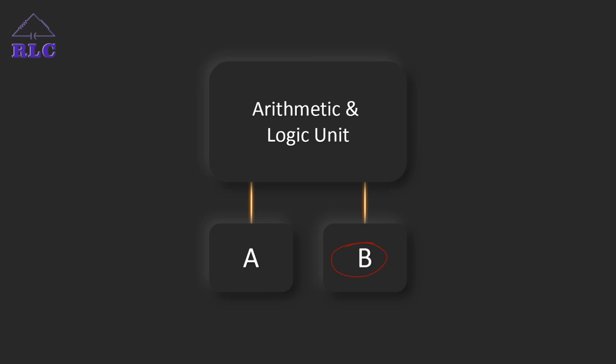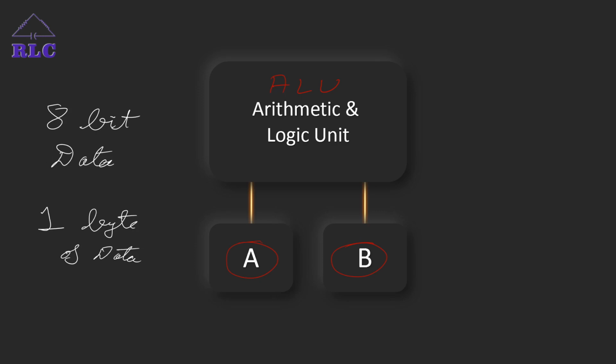Now, the data which can be stored in the accumulator and B register, and the ALU unit we have been speaking about, can handle 8-bit data. 8-bit data means 1 byte of data.